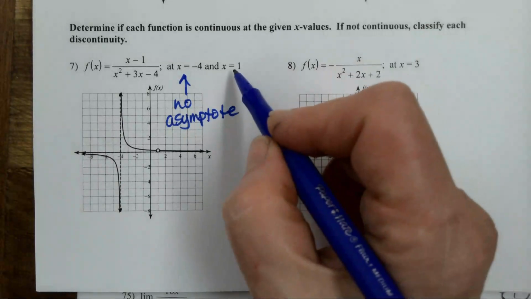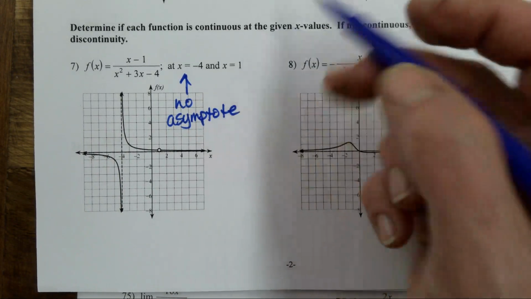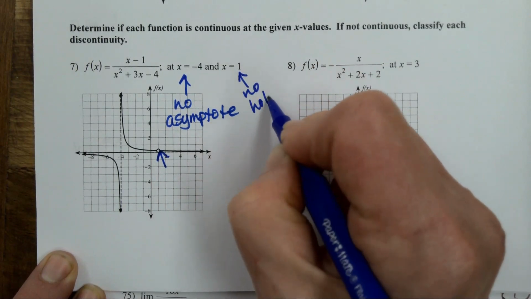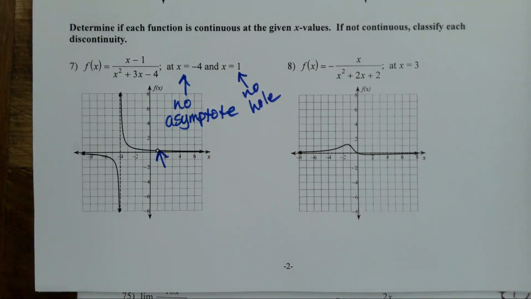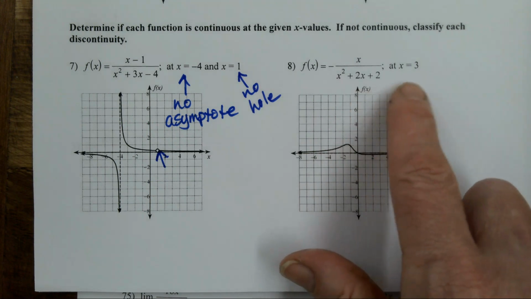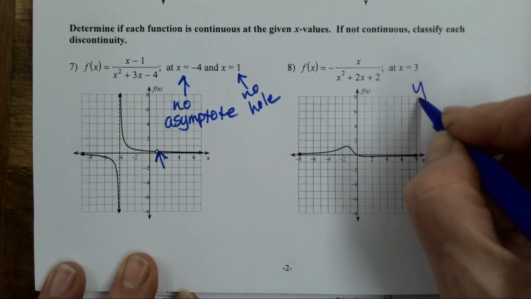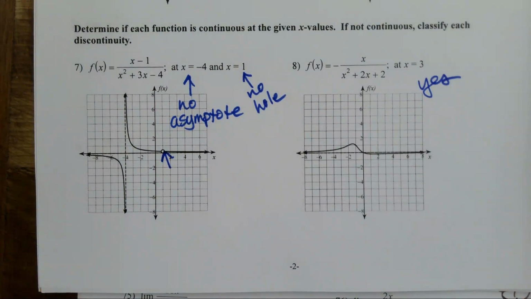Is it continuous at 1? Nope, there's a hole. How about this guy? Continuous at 3? Yeah. I don't see any issues, no holes, no breaks, no whatever.